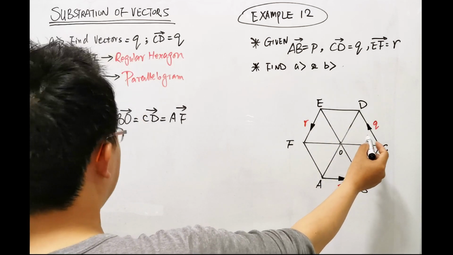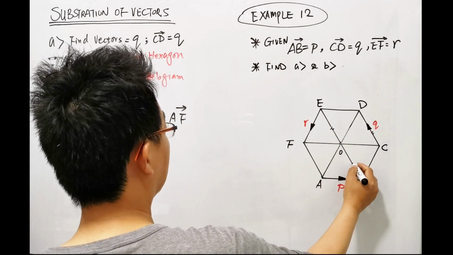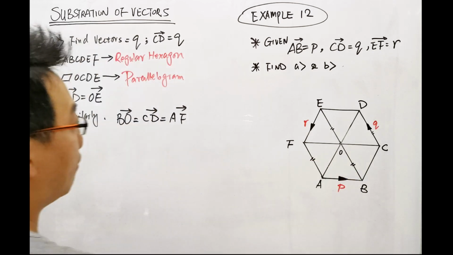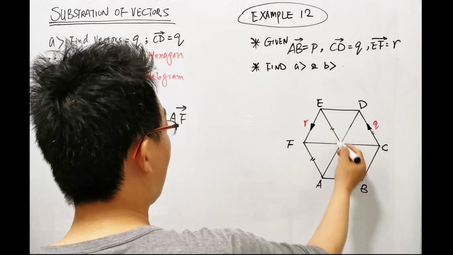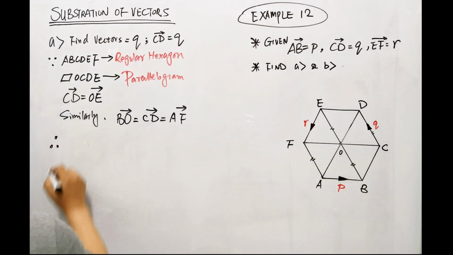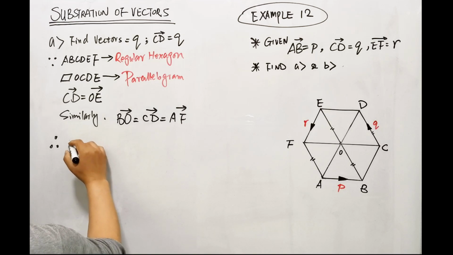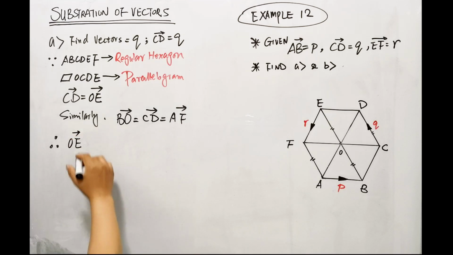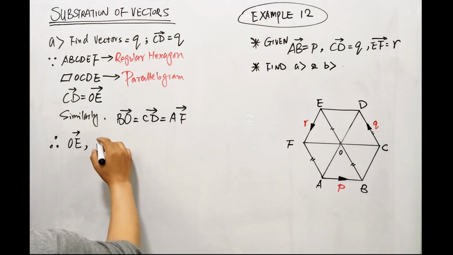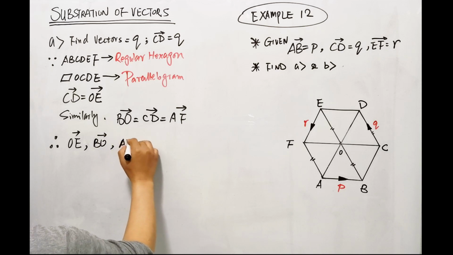That means we have 4: CD, OE, BO, and AF.